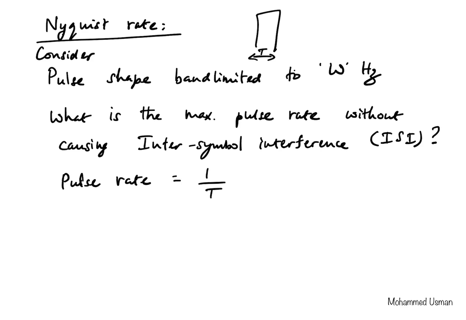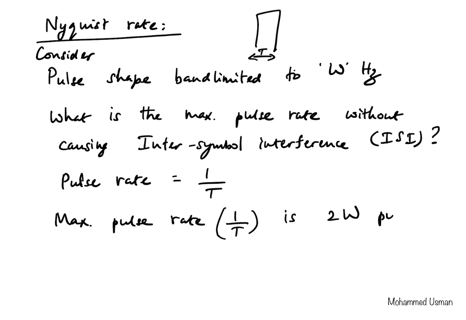So he set out to find what is the maximum value that we can have for this 1 by t without suffering from intersymbol interference, that is, without two neighboring pulses interfering with one another at the receiver side. So the conclusion was that the maximum pulse rate, which is denoted as 1 by t, is 2 times the bandwidth of the pulse, 2W, where W is the bandwidth of the pulse.